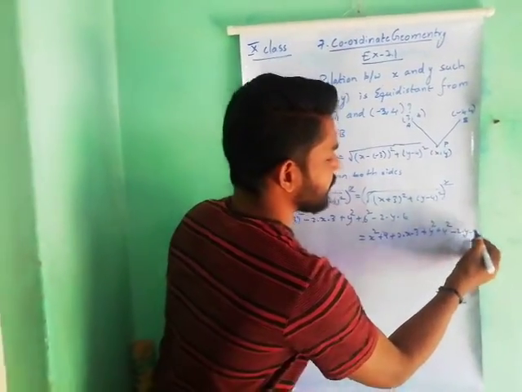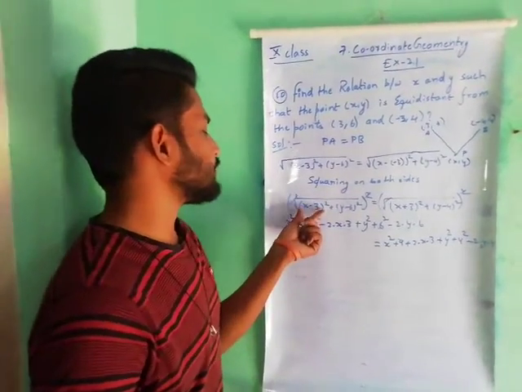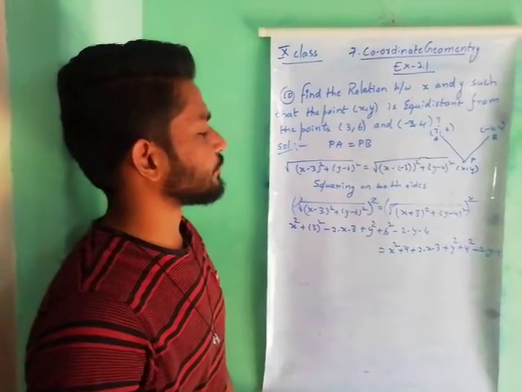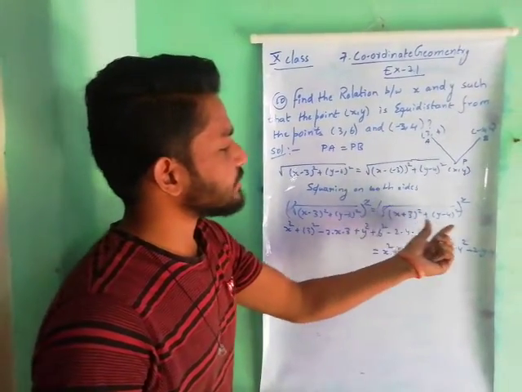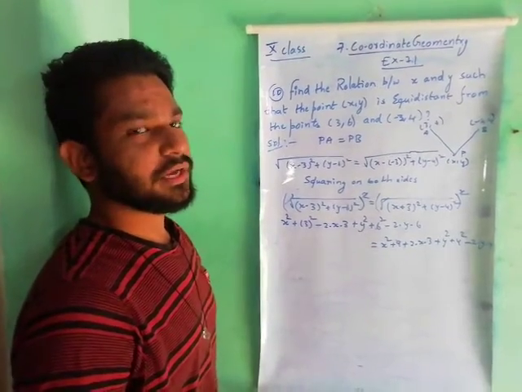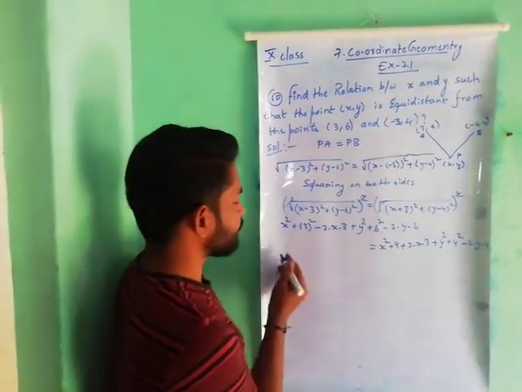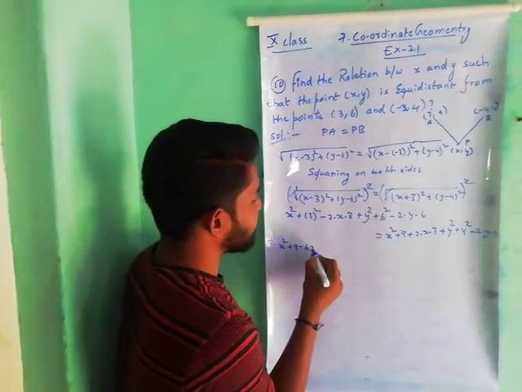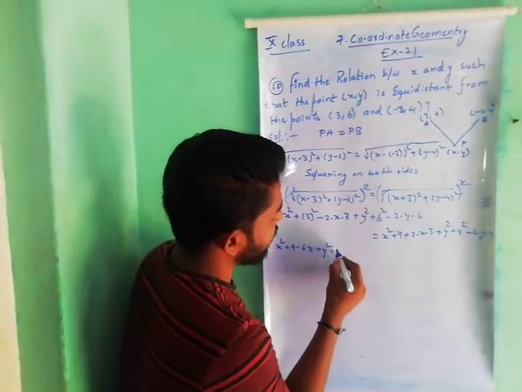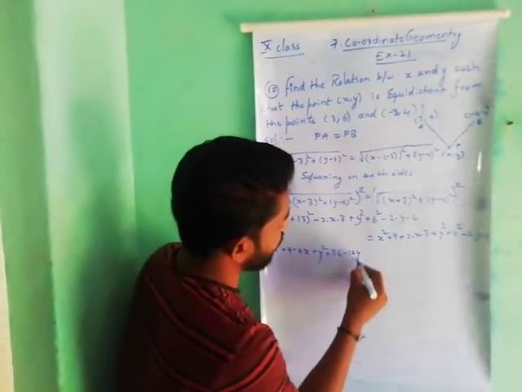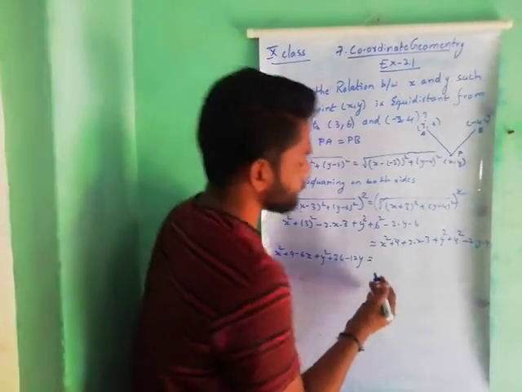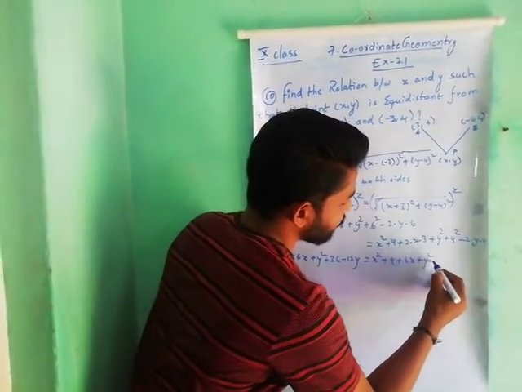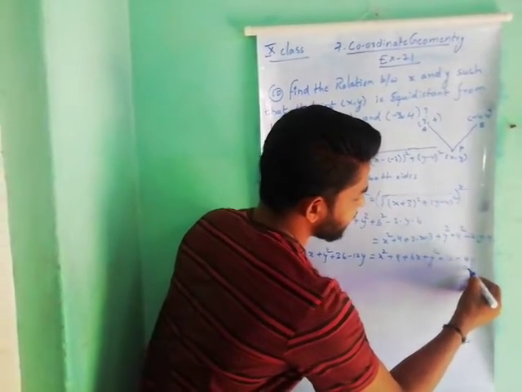Simply I am expanding by using A minus B whole square, and on the right hand side A plus B whole square, A minus B whole square. Okay, don't neglect the sign. So X square plus 9 minus 6x plus Y square plus 36 minus 12y is equal to X square plus 9 plus 6x plus Y square plus 16 minus 8y.